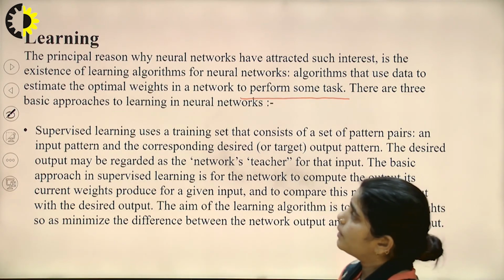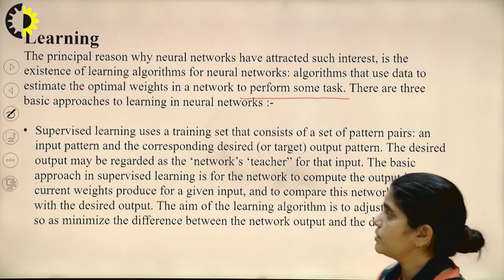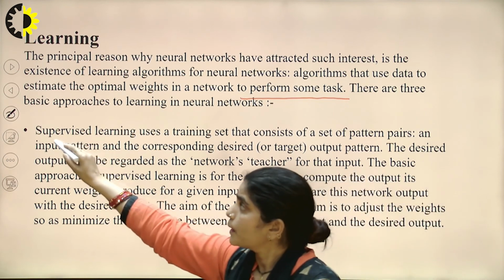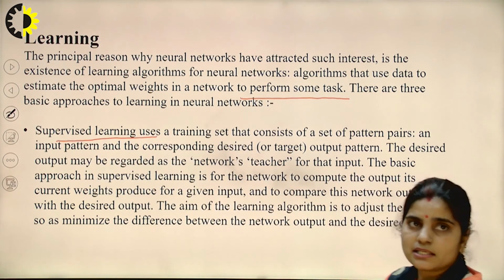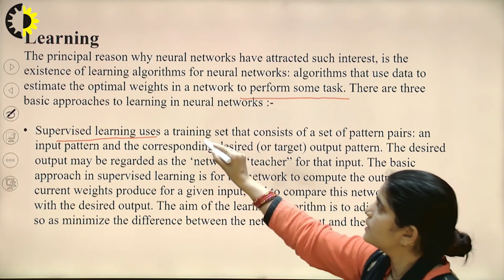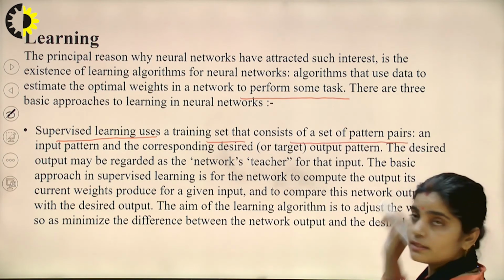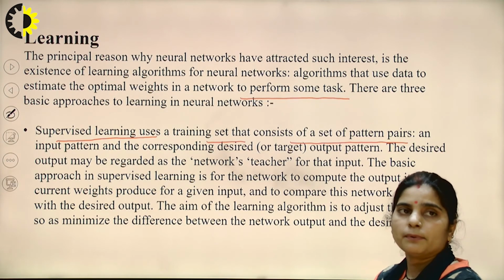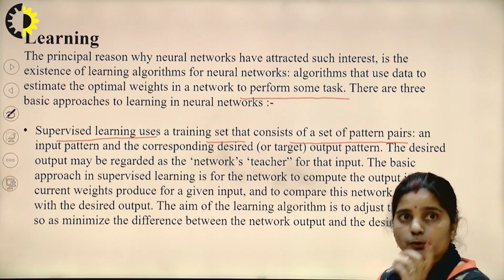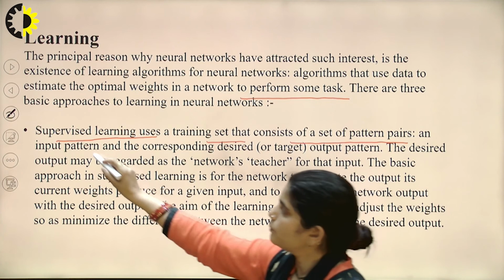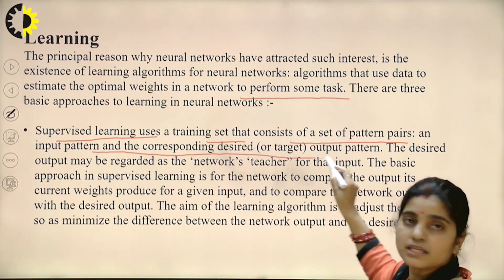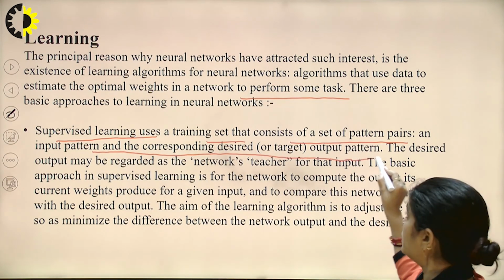There are three basic approaches to learning in neural networks. The first one is supervised learning. In supervised learning, we use a training set that consists of pattern pairs: an input pattern, and a corresponding desired or target output pattern.